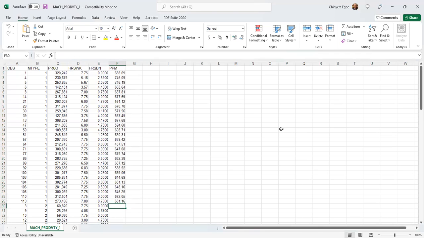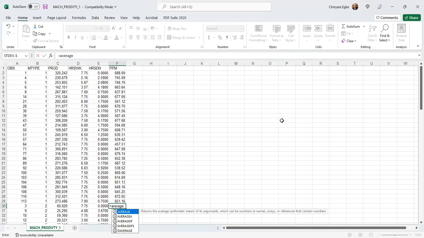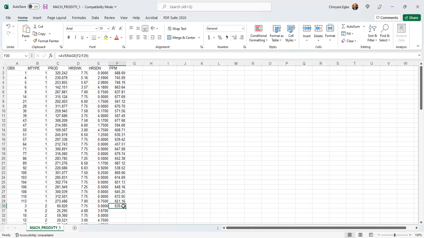So this is the average. What average did we get there? We get an average of 639 per day.